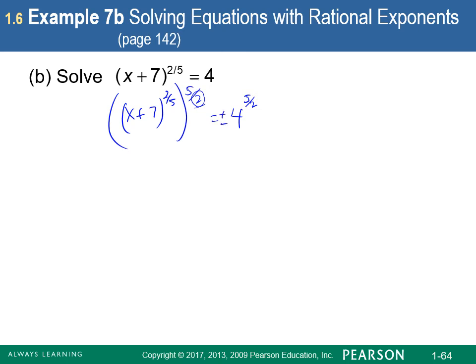So again, over on the left, that just comes out to be x plus 7. On the right, we get the square root of 4 raised to the 5th power. So that's 2 to the 5th power, which is 32.